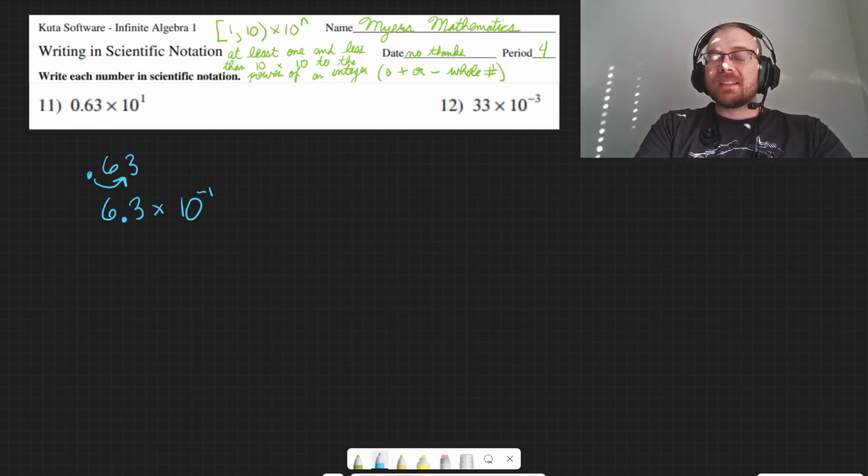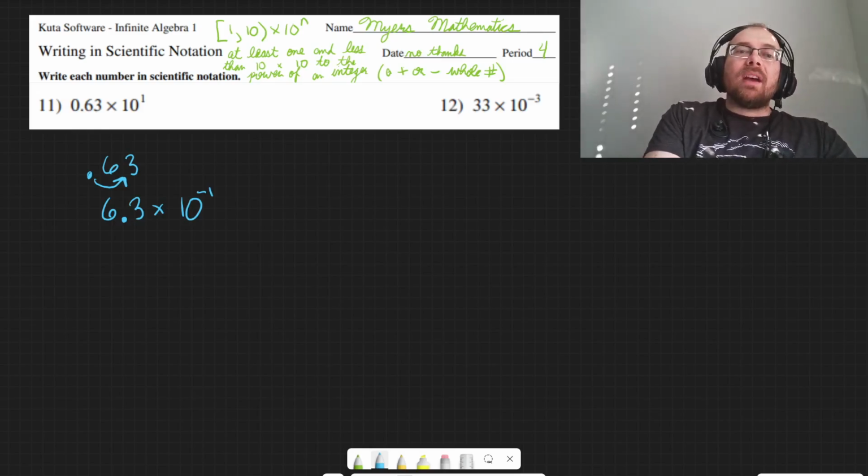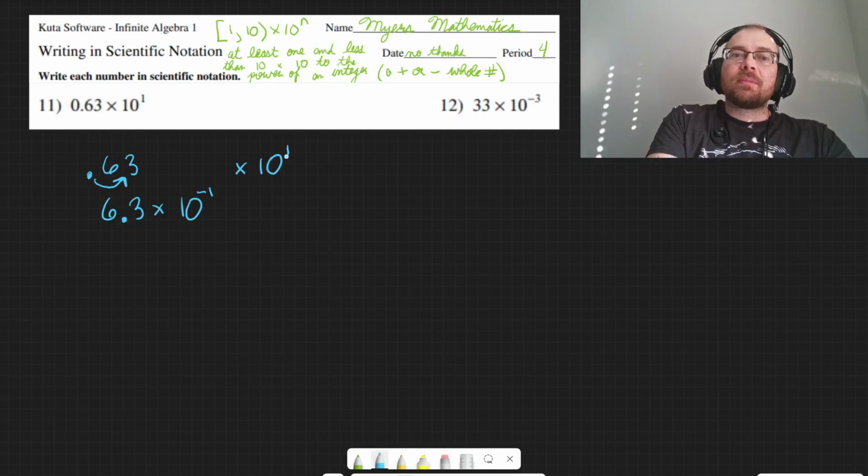So if you were to times 6.3 by 10 to the negative 1 power, it would make 0.63. Now, that wasn't the only thing, though, because it was 0.63 and it was already times by something. It was times by 10 to the first power. So I just dropped that down, and there we go.